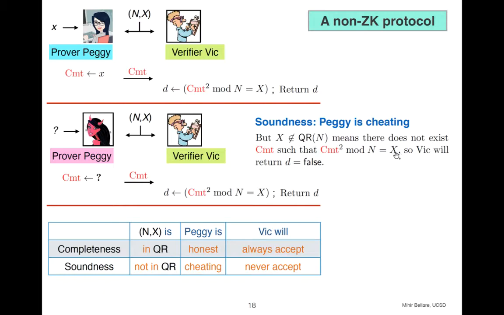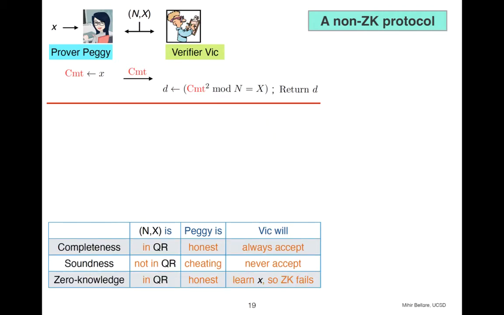There simply does not exist a square root for big X. So with probability 1, Vic will reject. We had only required him to reject with probability at least a half, so this is even better than what we wanted. The difficulty, of course, is that there's no zero knowledge here. The thing we want to hide, the little x, has just been sent in the clear. So we need to get around that.